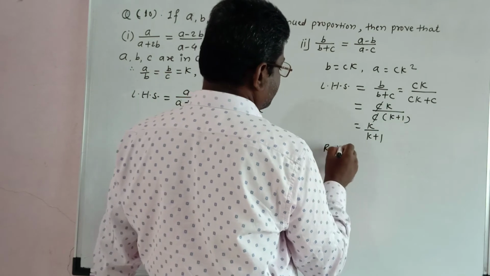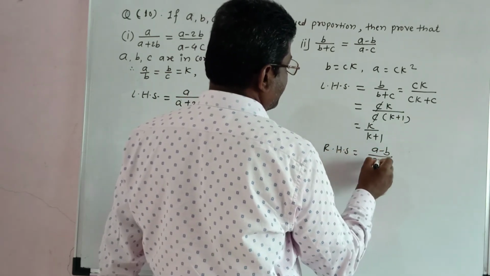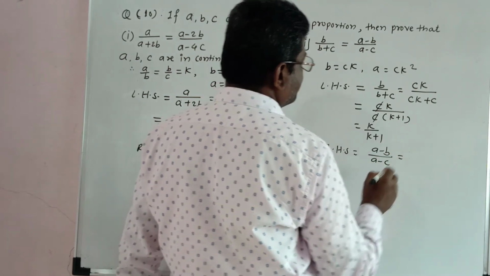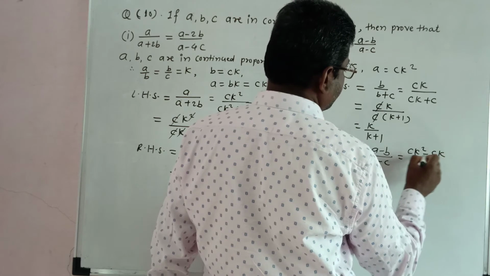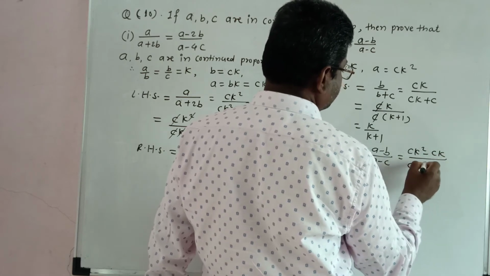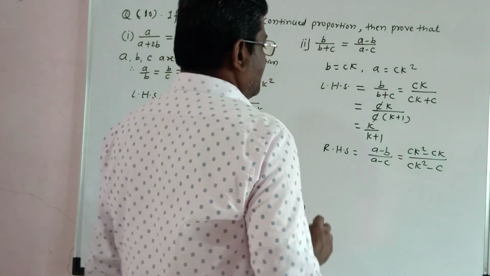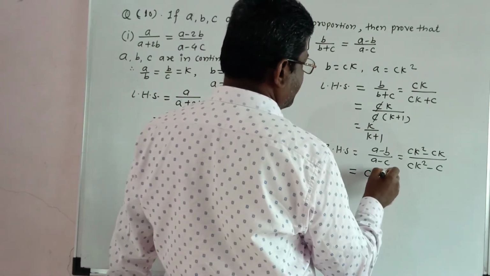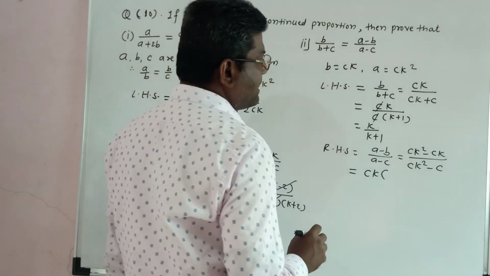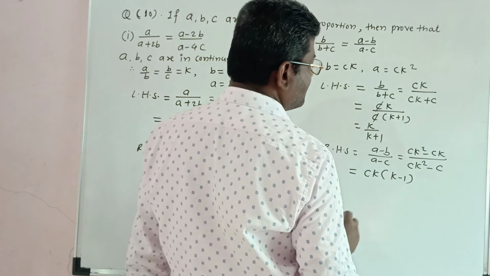Now RHS is equal to (A − B)/(A − C). A is Ck² minus B, which is Ck, upon Ck² minus C. In the numerator Ck will be common, so in bracket what will remain is (k − 1).